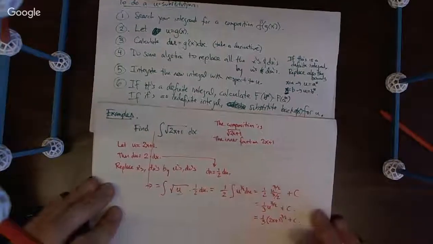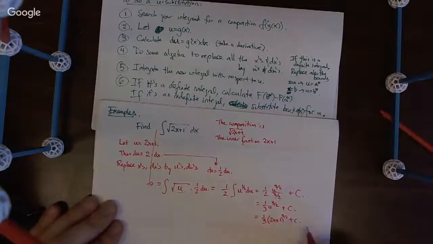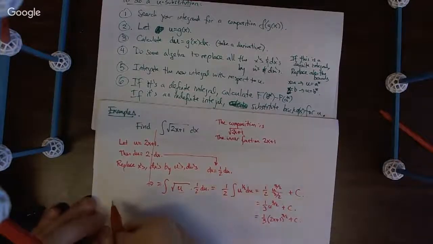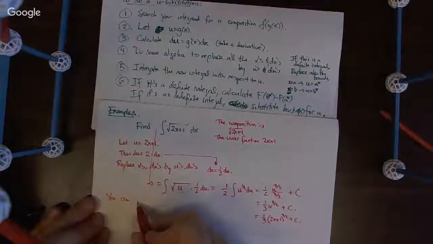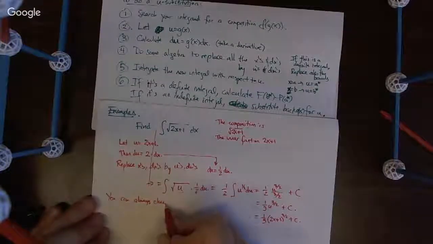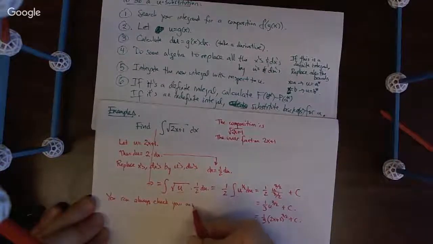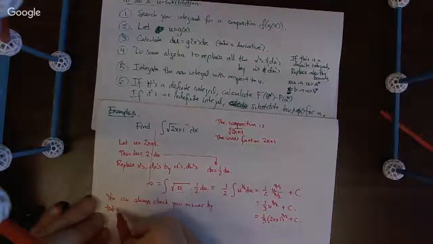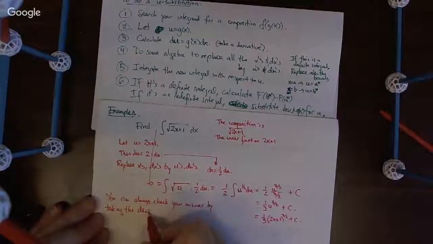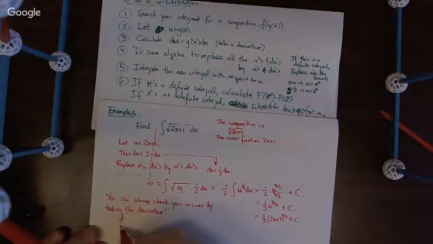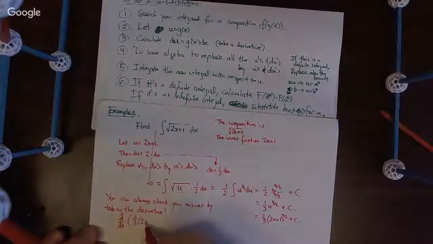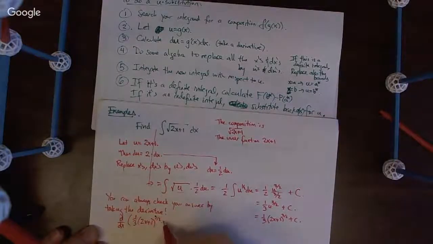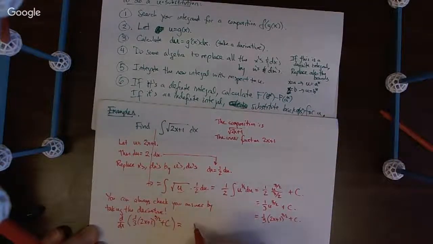Now, the nice thing about this process is that you can always check your answer by taking the derivative. So if we want to do d/dx of 1/3 times 2x plus 1 to the 3/2 plus c, what do we get?